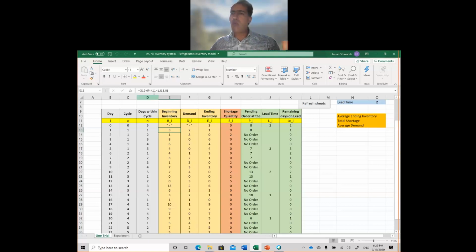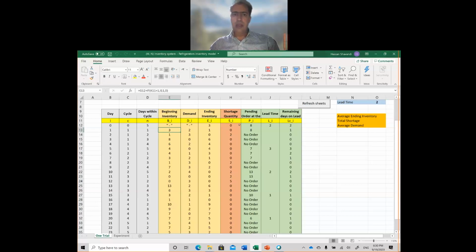If it equals 1, this means we will have a receiving order at the end of the previous day, so at the beginning of this day we will have that order in stock. In that case, we need to add that quantity to the ending inventory of the previous day, which is I11, the pending order.